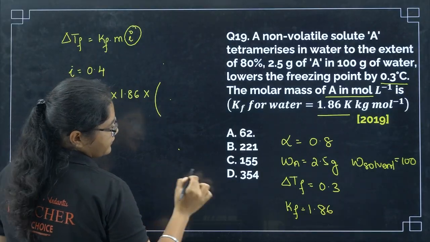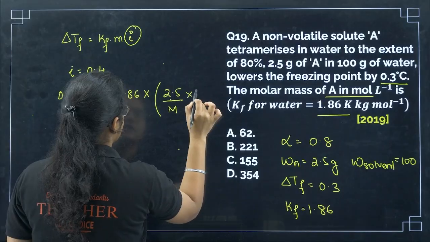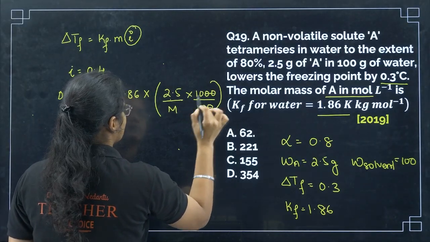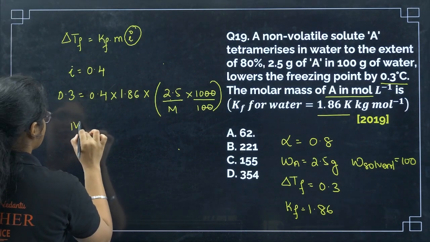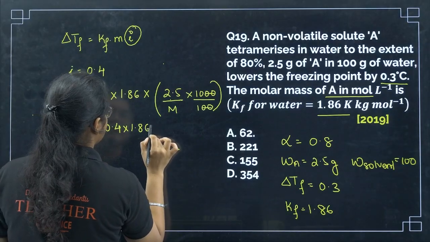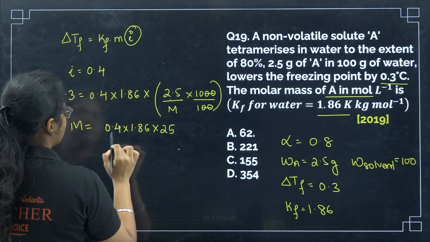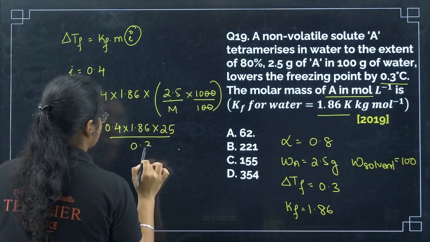Molality I have to calculate, that is 2.5 by molar mass into 1000 by 100, which gives me 25 here. So molar mass is equal to 0.4 into 1.86 into 25 divided by 0.3.